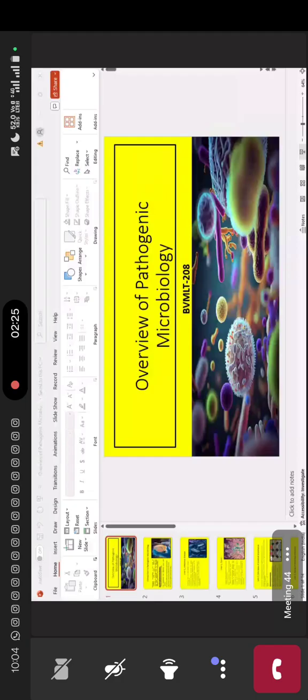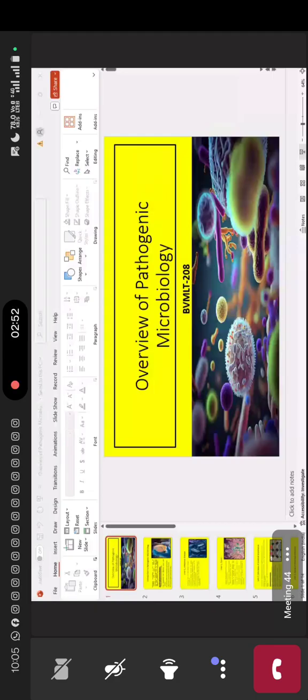It focuses on how they infect the body, how the body responds against the infection, how we are able to diagnose the infections, and how we are able to treat or prevent the infections. So in this subject, we are going to learn about the study of microbes that are pathogenic. Only pathogenic microorganisms you are going to learn in this class.